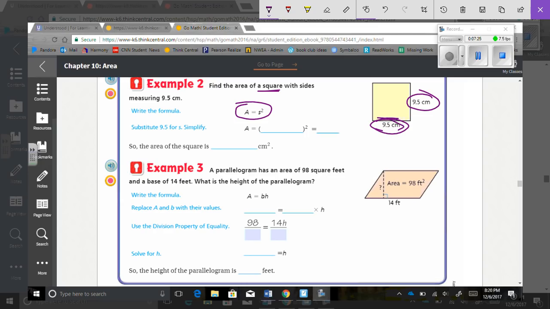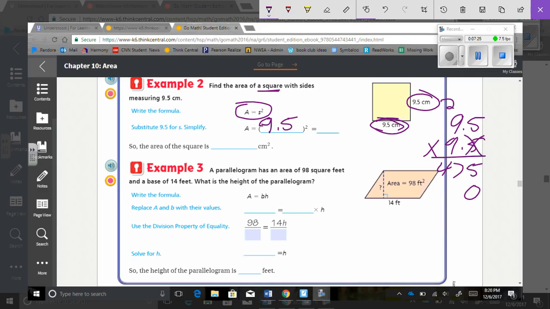So in this case, we would take 9.5 squared, which is the same thing as 9.5 times 9.5. And if we do that math over here, 5 times 5 is 25, 9 times 5 is 45, plus 2 is 47.